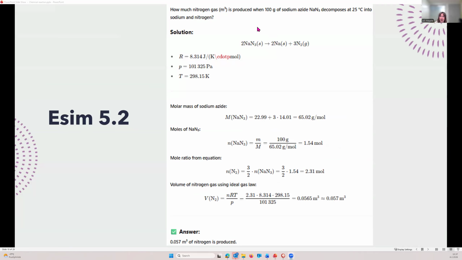How much nitrogen gas is produced when 100 grams of sodium oxide, which is this kind of a compound, so there's sodium and nitrogen, decomposes into sodium and nitrogen if this kind of a reaction happens.